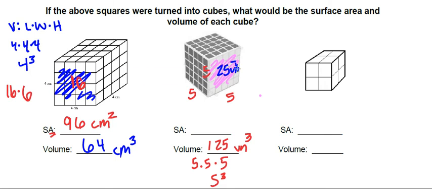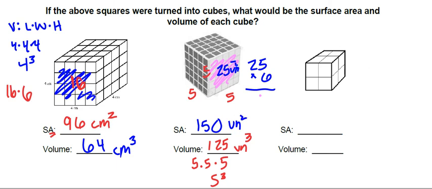Well, there's not just one surface here. There are how many surfaces? That's right, 6. So I do 25, that's one face, times 6, because there are 6 different faces. And when I do 25 times 6, I end up with 150 units squared. Remember, area is always squared.